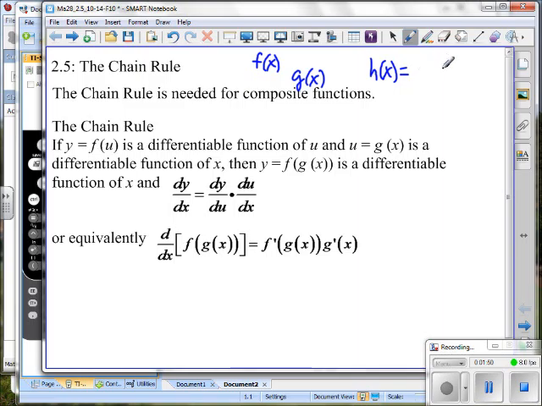Well, what if we start with g of x? That's going to be our first function. And once we're done with that, g of x is the output of the function g. But I'm going to use that now as a starting point in function f. So now g of x is not the output of function g, it's now, how would you describe that?